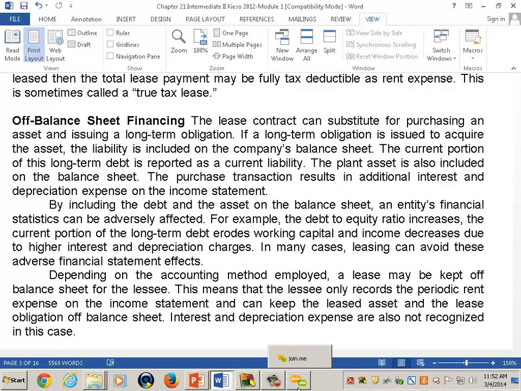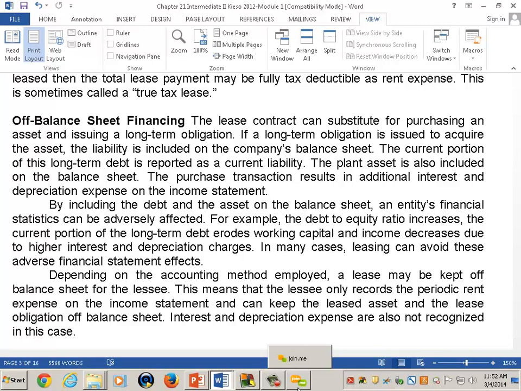So what we're going to look at is whether or not a lease should be put on the lessee's balance sheet. We'll talk about the lessor in a moment. Should you record an asset and a liability, or should you keep that off balance sheet? And this is all going to be based off of a couple of important concepts. One is that we're going to try to rely on the fact that, well, look, legally you don't own the asset, but economically it may very well be that the lease contract is equivalent to ownership.